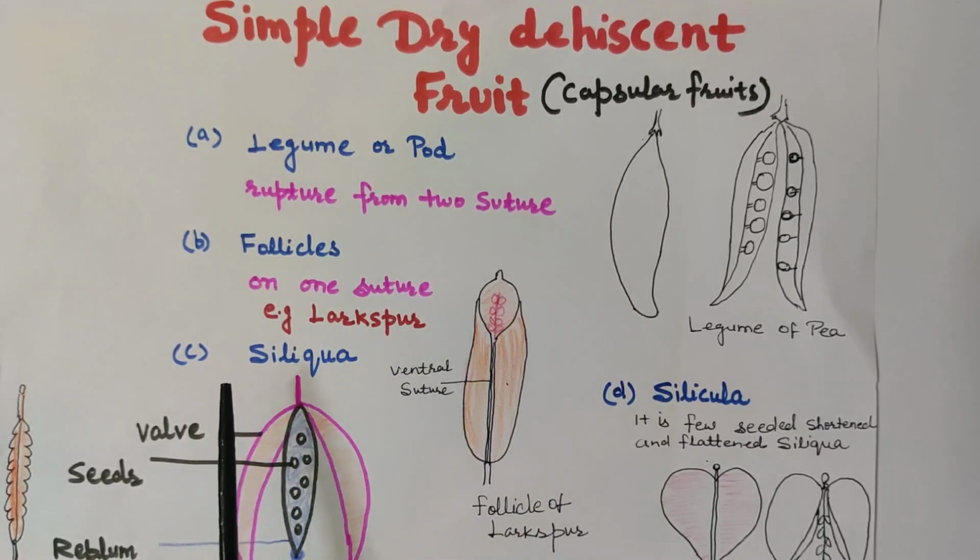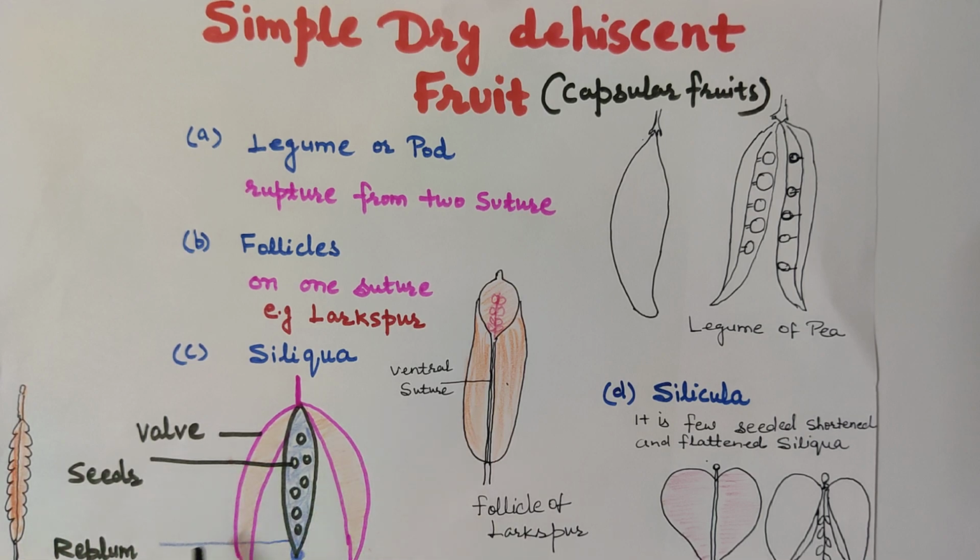The third category is siliqua. Siliqua type of fruit you can see in mustard, that is sarson. It is showing the fruit of mustard. It is elongated, cylindrical in shape, and there is a false septum in between. In siliqua, this line is representing the false septum.